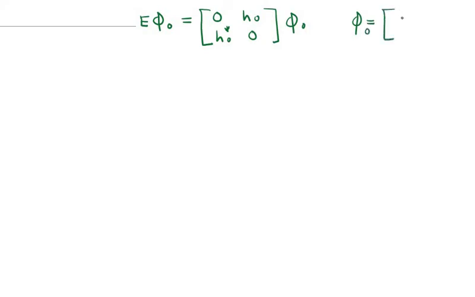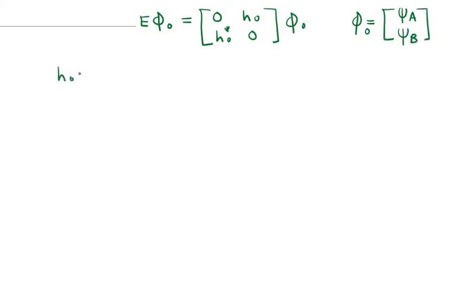So we had this relation E phi 0 equals to the matrix [0, H0; H0 star, 0] times phi 0, where H0 star is the complex conjugate of this H0, and phi 0 is a 2 cross 1 vector that contains the wave function at the A lattice point and the B lattice point.